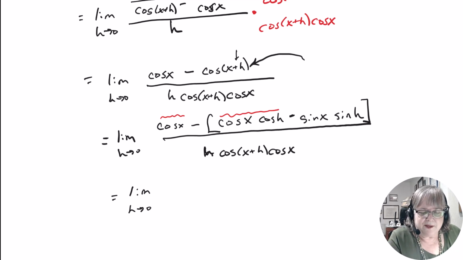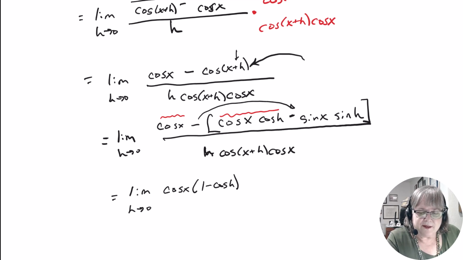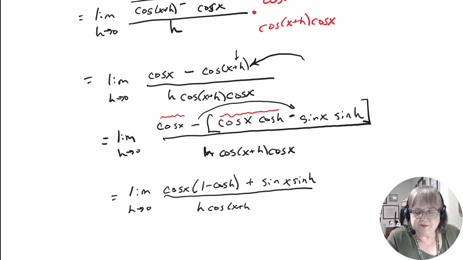So this one is to group these and factor out cosine x. And you would have 1 minus cosine h. All right. Now, this negative times this negative is actually a plus. So you would have plus sine x sine of h all over this. And you can probably see this even better now, what's coming.